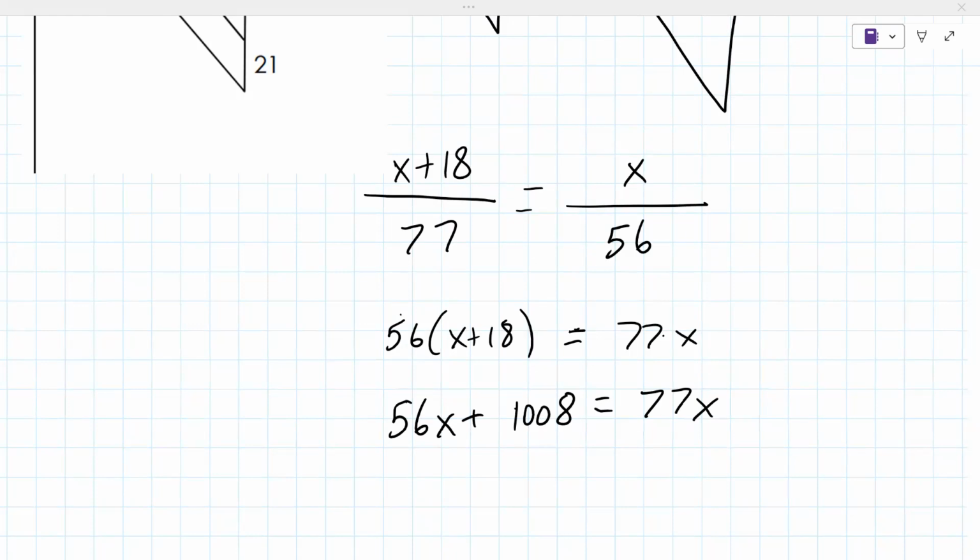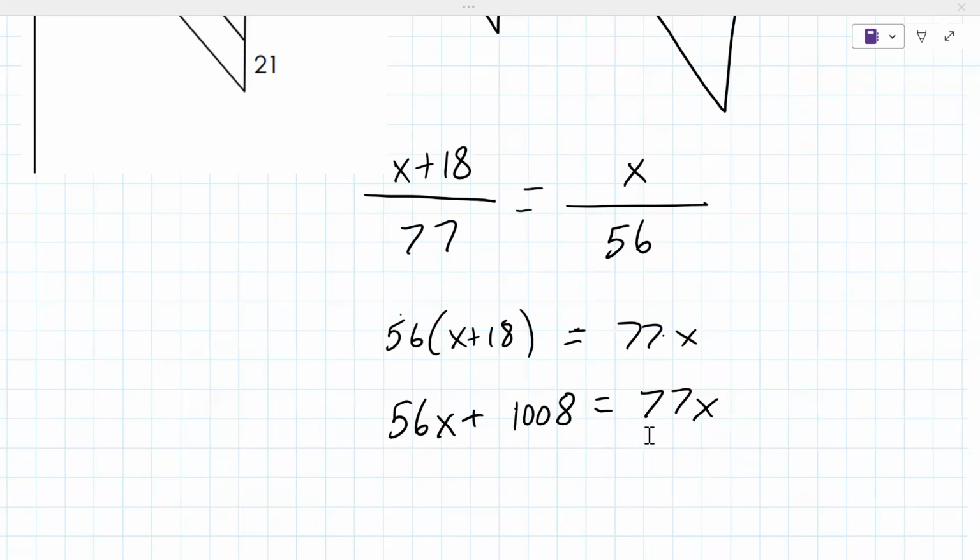Would we divide by the... All right, so you want to move from the smaller to the larger.